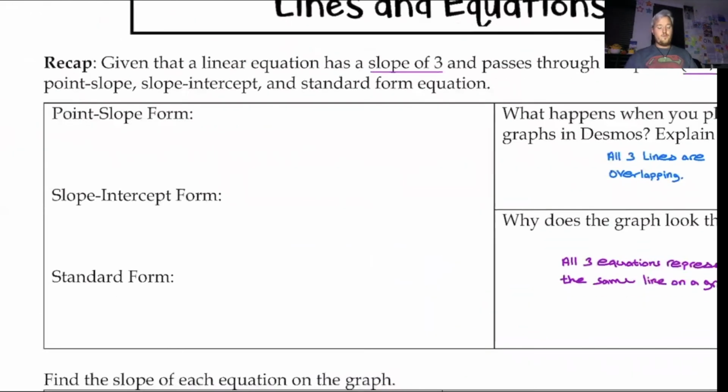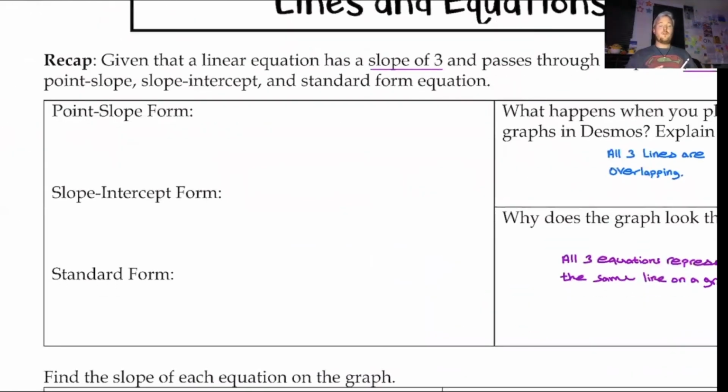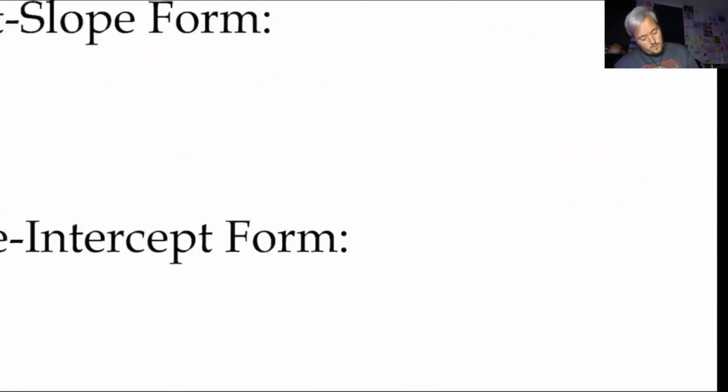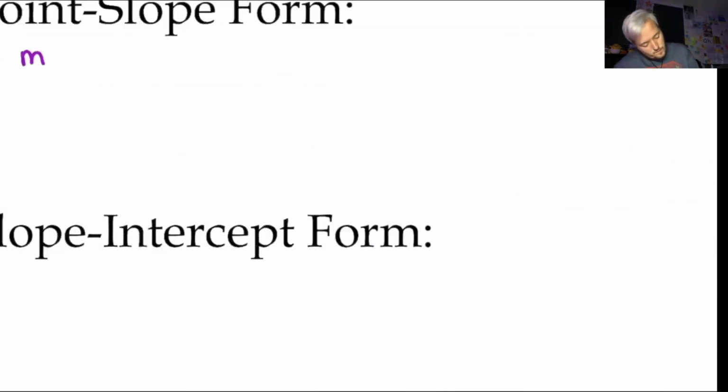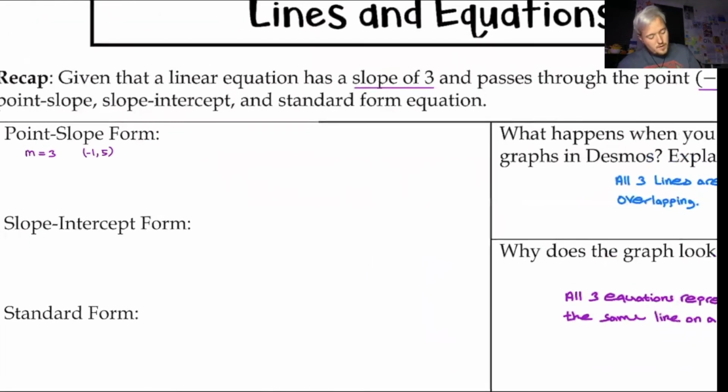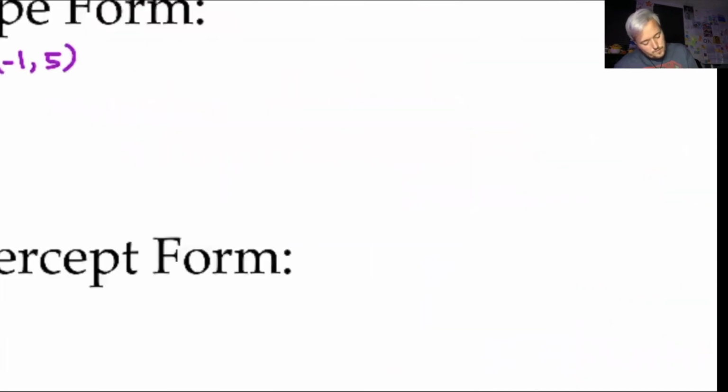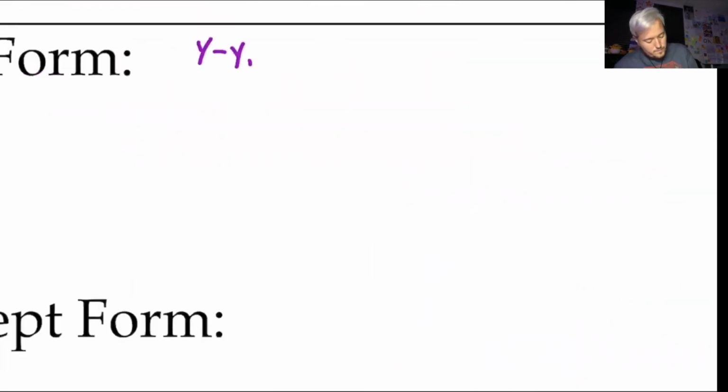So for point-slope form, this is typically the one that you want to start with for any and all equations. So if we have a slope of 3 and it passes through (-1, 5), make sure that's actually the point. Yep. All right, so point-slope form: y minus y1 equals m times (x minus x1).